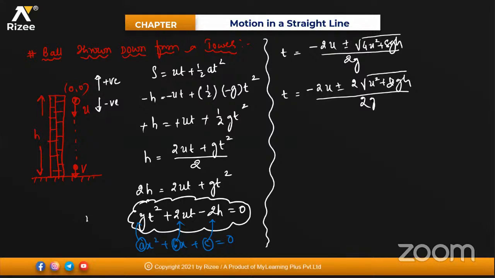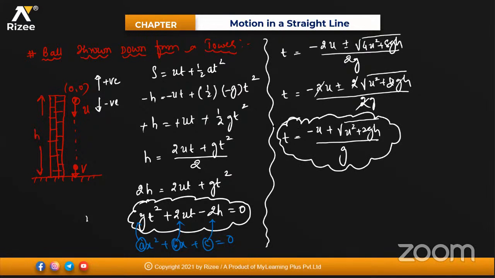So this 2 and this 2 will get cancelled, so time taken will be equal to minus u plus under root of u squared plus 2gh, divided by g. So this is the time taken. Clear?